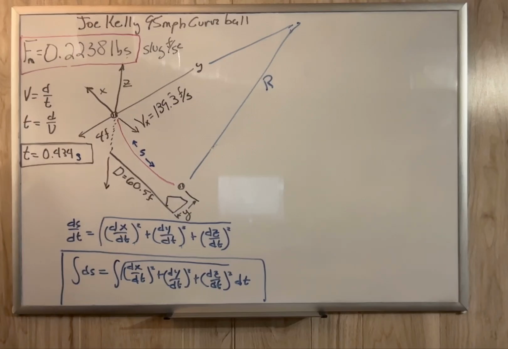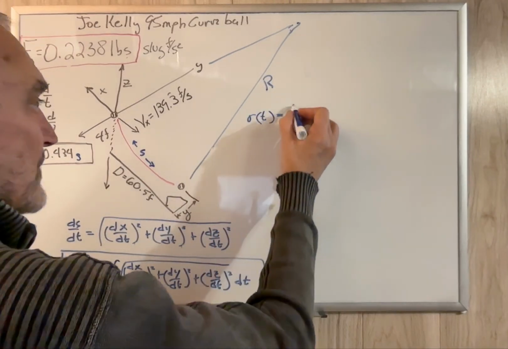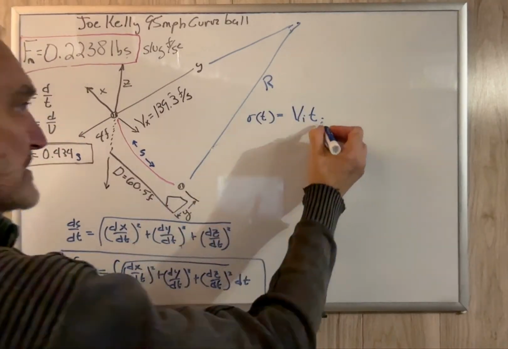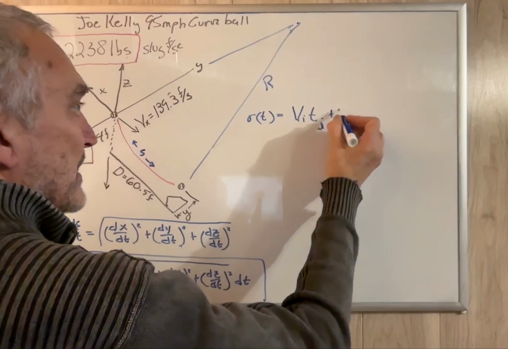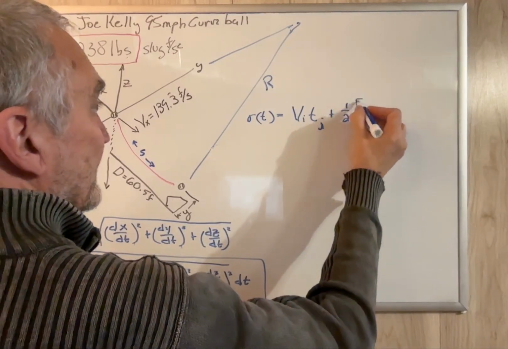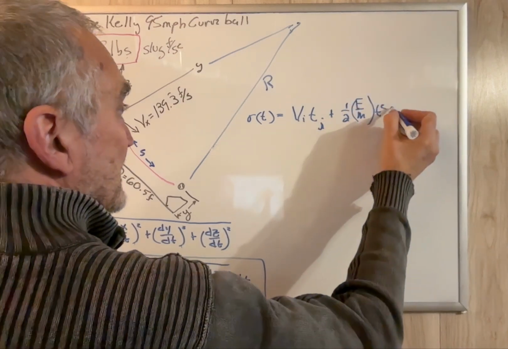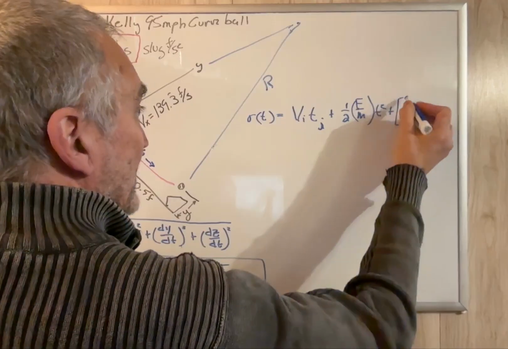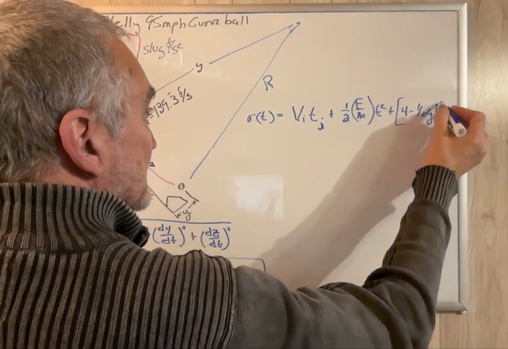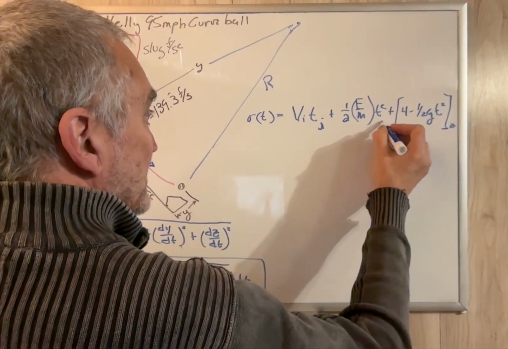Well, it basically comes from our r of t. So r of t is going to be equal to our initial velocity times t, in our i direction, which is our x direction, plus 1/2 a t squared, which is going to be F divided by m times t squared, plus our 4 minus 1/2 g t squared. This is our z, and this is going to be our j direction.